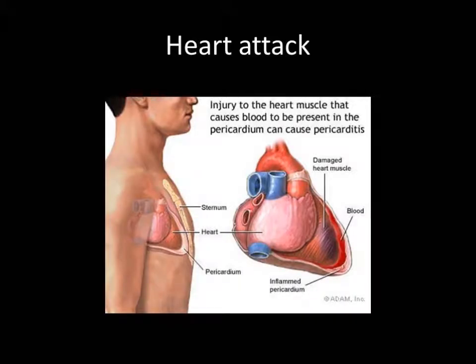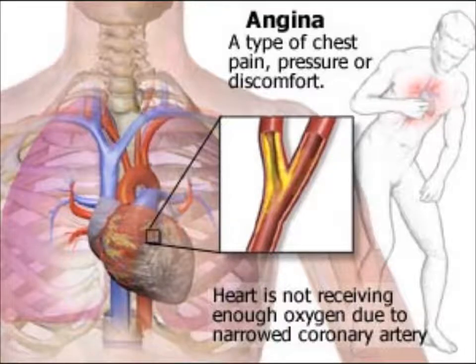A heart attack is death of cardiac muscle tissue resulting from prolonged blockage of one or more coronary arteries, the vessels that supply oxygen-rich blood to the heart. Because they are small in diameter to begin with, the coronary arteries are particularly vulnerable.